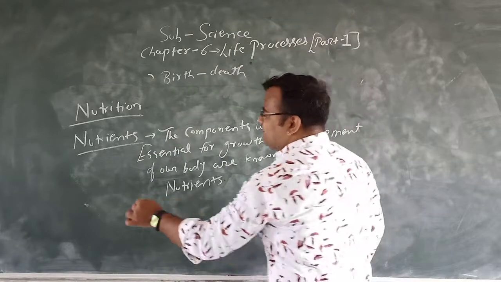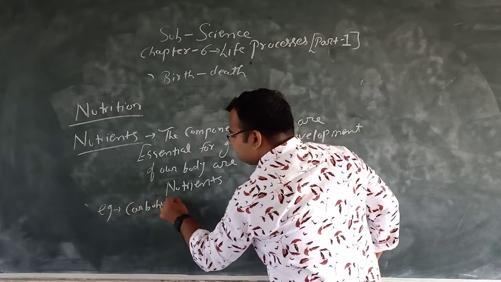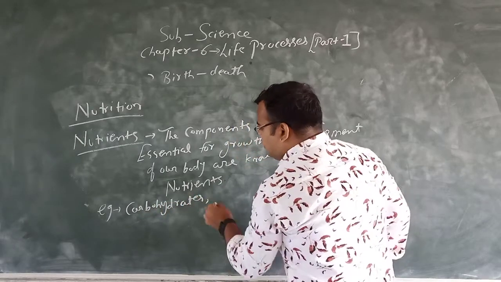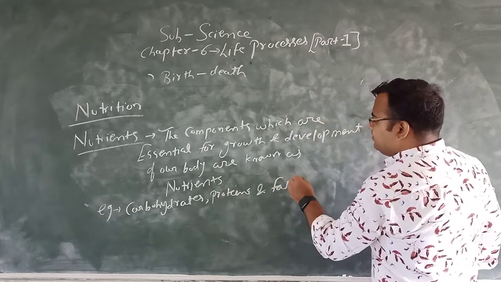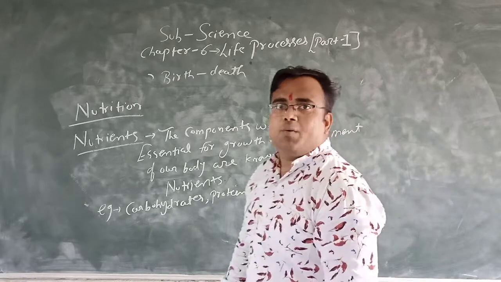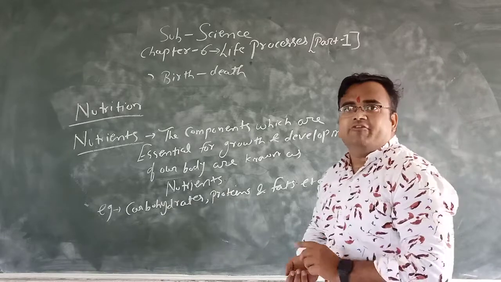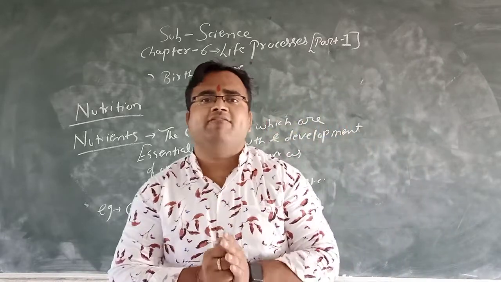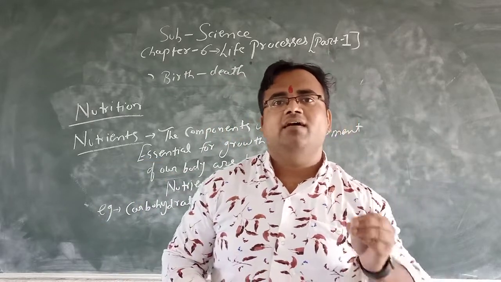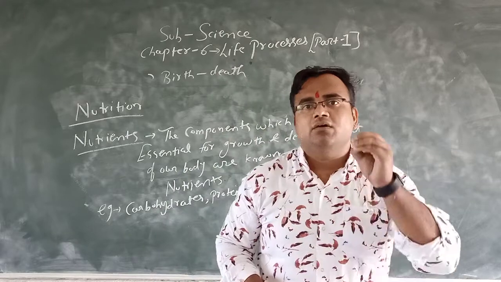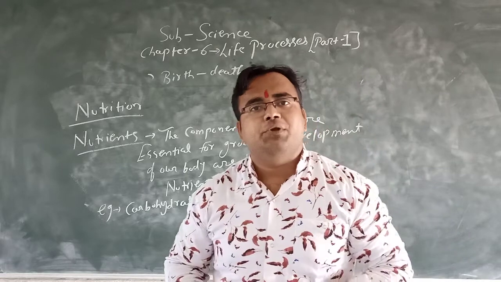Examples of nutrients are carbohydrates, proteins and fats, etc. When we say we should have good immunity, and during the corona period you must have heard you should have good immunity, how is good immunity developed?